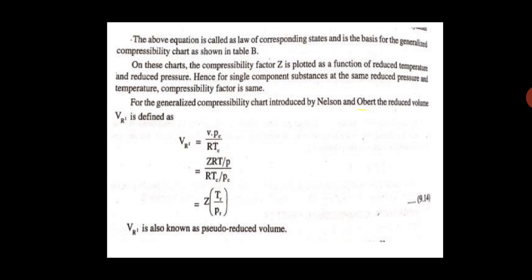This is known as the law of corresponding states. So Z is a function of TR and PR, and this is what is shown in this graph. Z is a function of reduced temperature and reduced pressure.